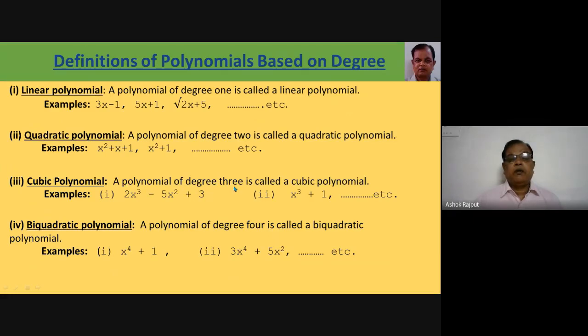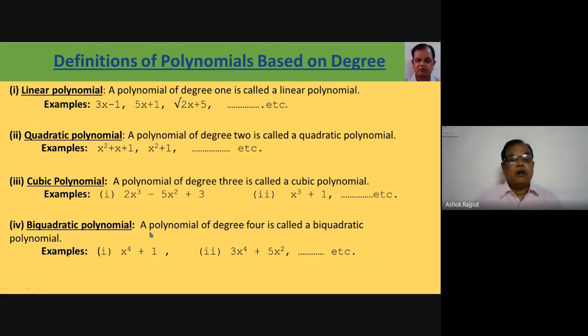A polynomial of degree 3 is called a cubic polynomial. As we see in the example, 2x cube minus 5x square plus 3x, x cube plus 1, et cetera.